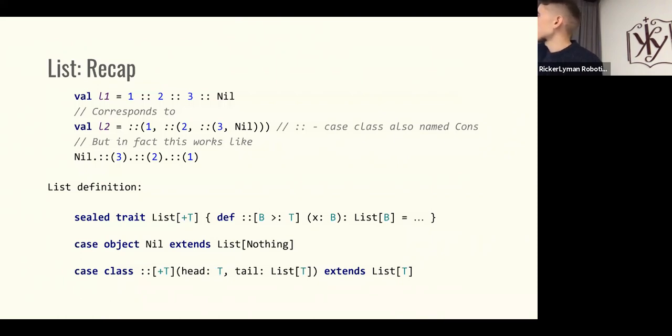Let's look first of all at the list definition itself. Here we have a sealed trait and two cases for this trait. One case is the Nil object, and another case is the so-called cons, which is defined using this double colon. This is a case class, and what we do here is basically construct this nested structure of case classes.